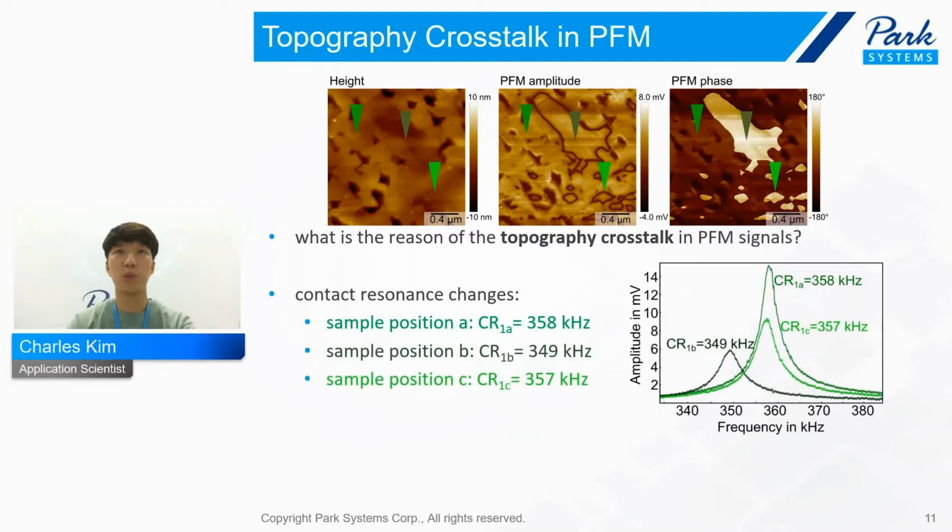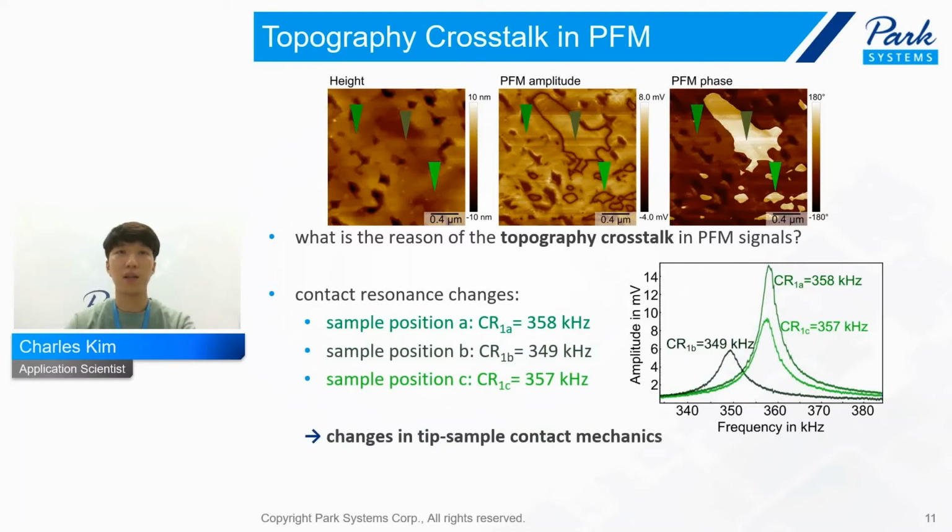And also if I move to another position, then it increased again. Not only does the contact resonance frequency change, but the contact resonance amplitude also changes like that. So if we get the contact resonance one time and measure the whole surface with that single frequency, then because of the contact resonance shift, we cannot measure a uniform or clear image.